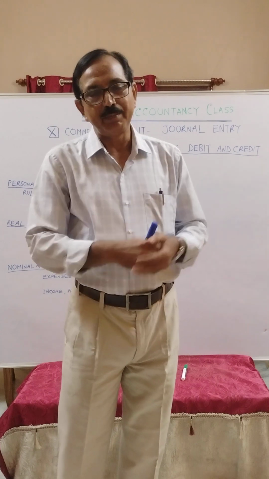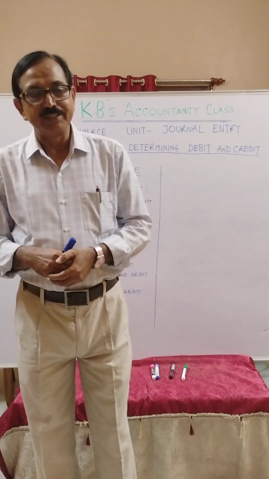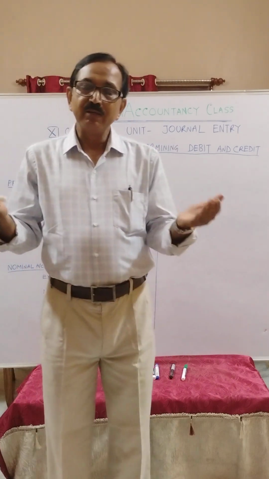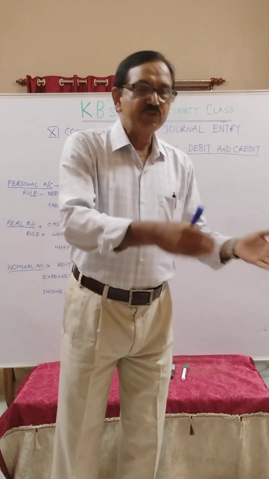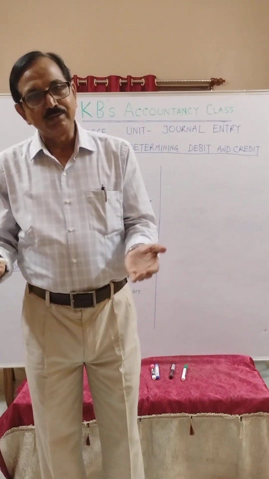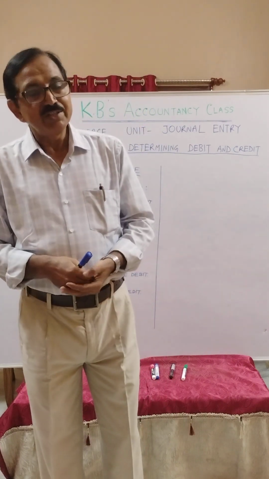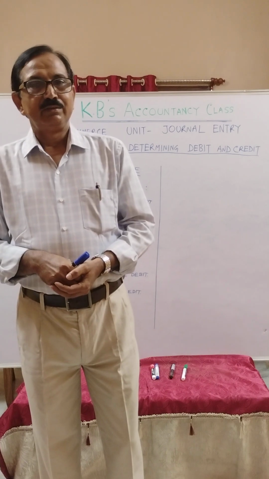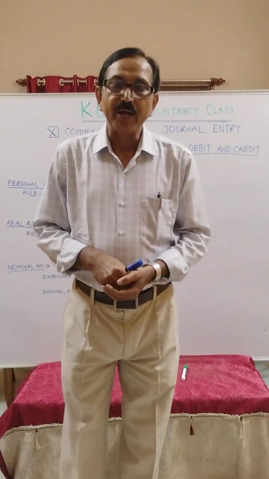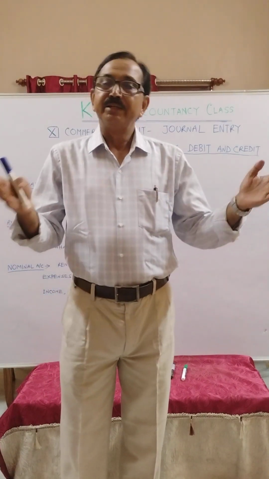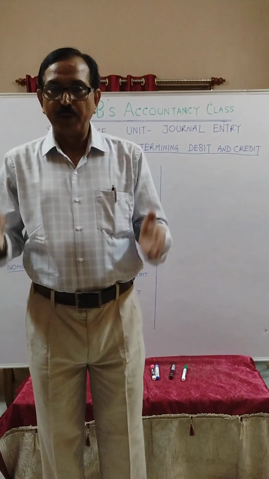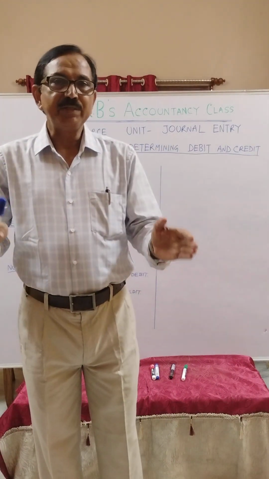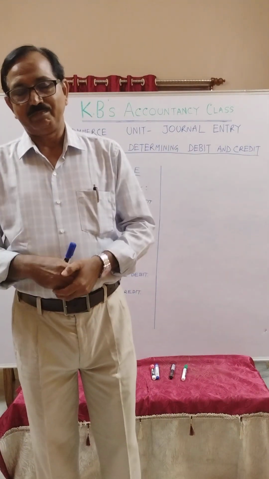One side is called debit and the other side is called credit. When we record a transaction in the journal, that means when we make a journal entry, we have to analyze the transaction into debit and credit. While recording transactions, debit and credit is a must.